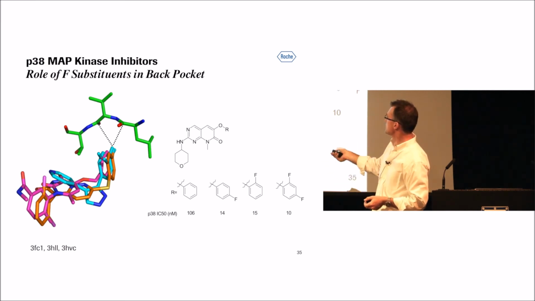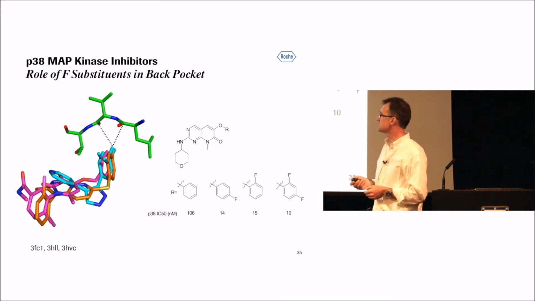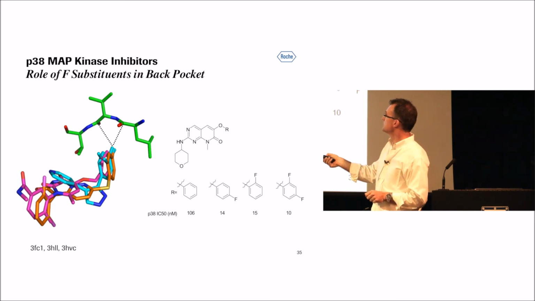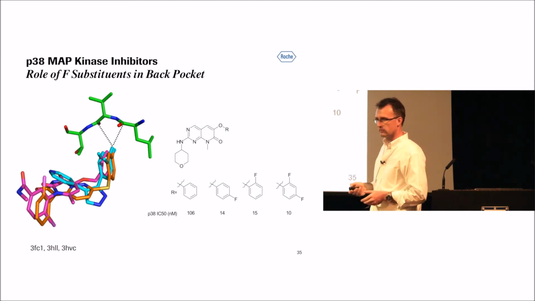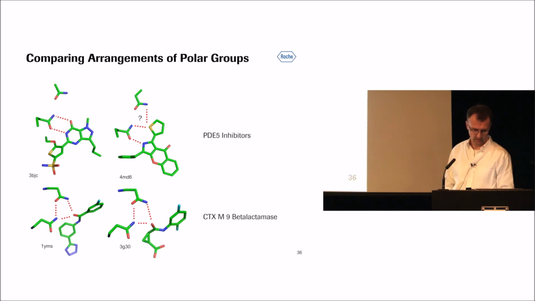And we also have a bit of SAR from our own old p38 project from 15 years ago, which all point in the same direction, namely that these fluorine interactions here are multipolar interactions that are very favorable in this particular case. So these kinds of pocket comparisons can be very powerful. You can really learn across different projects and different target classes.